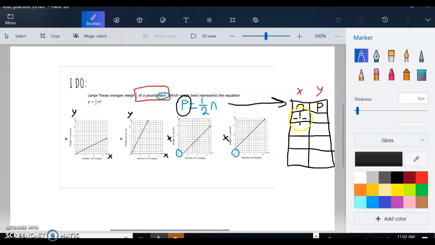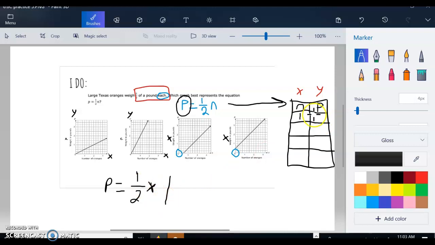If N was 1, then what would P be? Well, P equals half times 1. And we know that anything times 1 is going to equal itself. So half times 1 is going to equal 1/2.